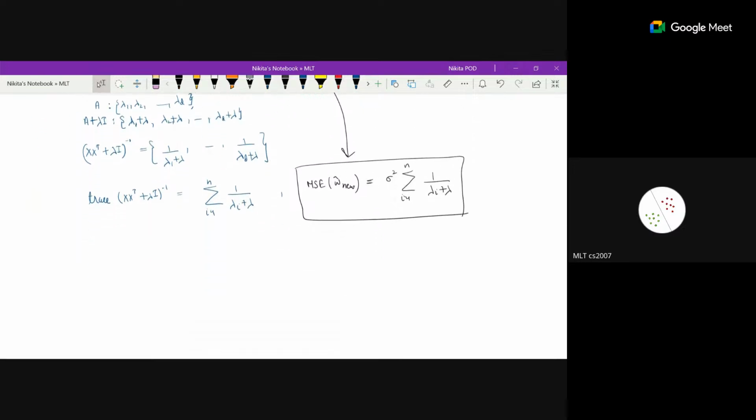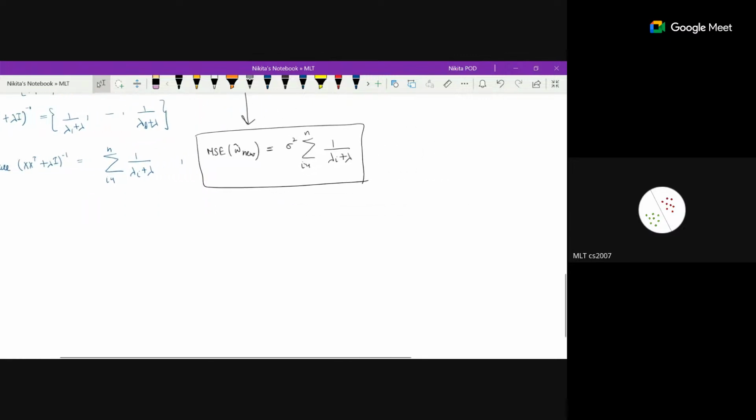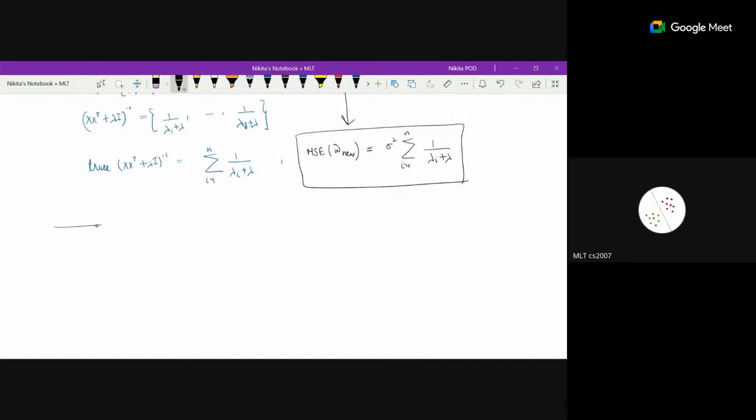Okay, so we'll look at how we get this new estimator. This new estimator, given by XX transpose plus lambda I inverse XY, is coming out if we use the Bayesian approach.